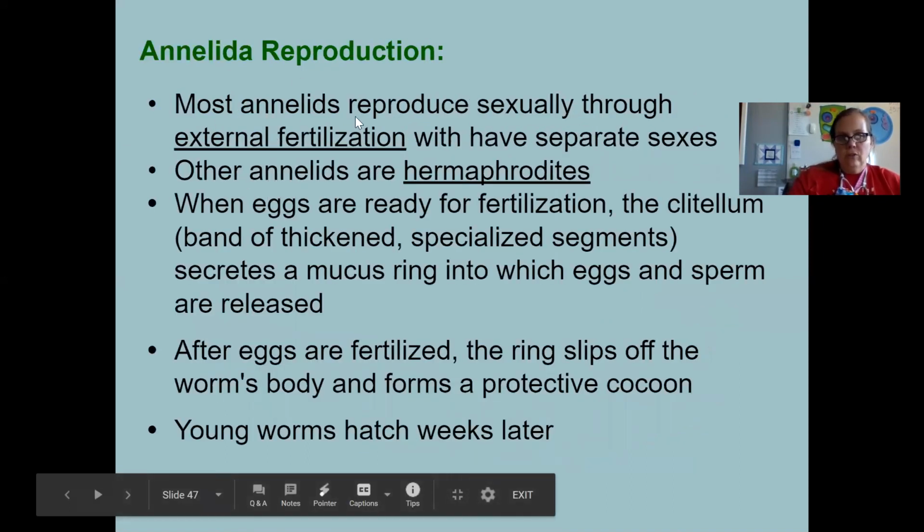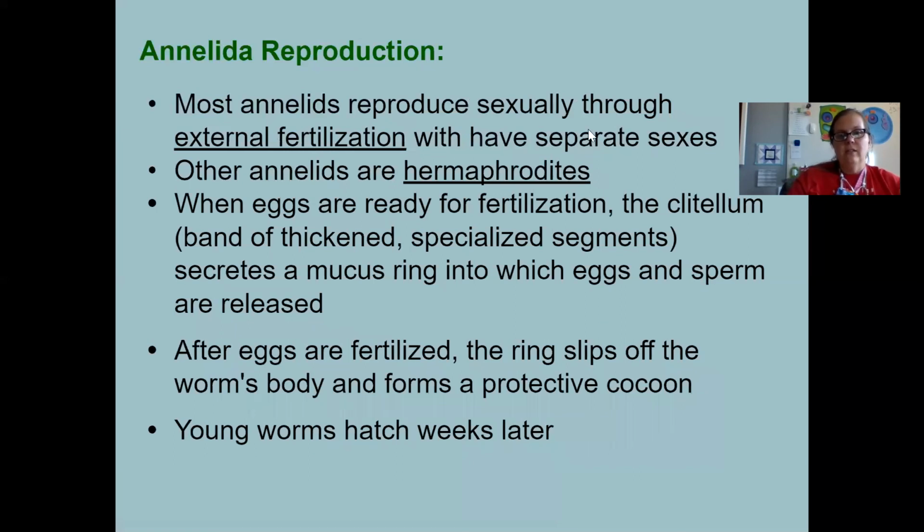Reproduction. So there's external fertilization with separate sexes. However, some annelids are hermaphrodites, which means they have both male and female parts. The clitellum is a specialized segment for fertilization. So the clitellum will secrete a mucus ring, and the eggs and sperm are then released.